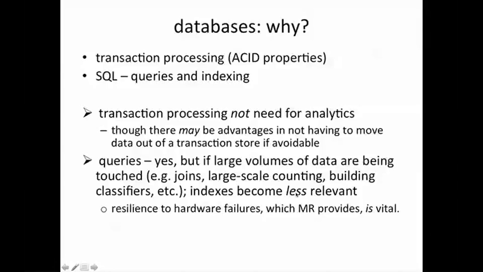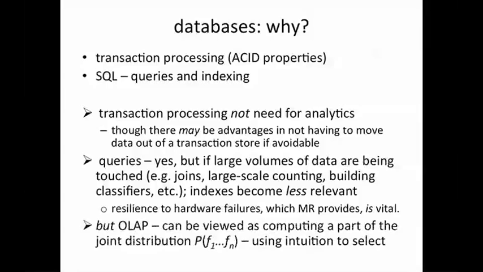What also becomes very relevant instead is resilience to hardware failures, because programs which touch large volumes of data are likely to take a lot of time, and therefore hardware can fail during that execution, and so we need to figure out how to achieve fault tolerance. MapReduce essentially provides that fault tolerance and therefore becomes vital.